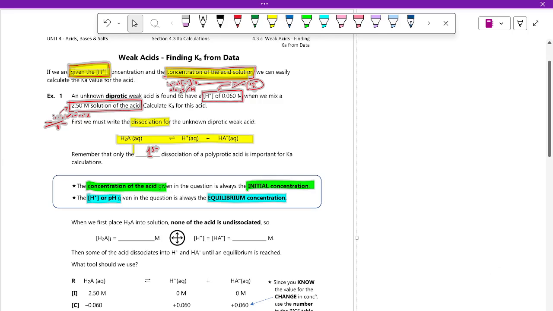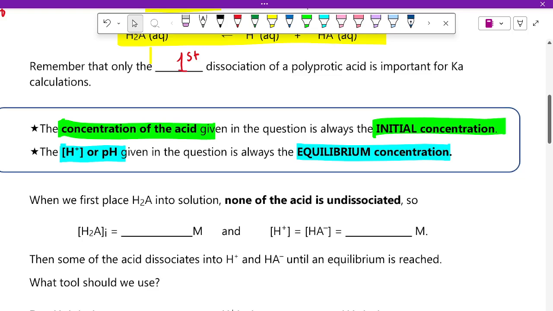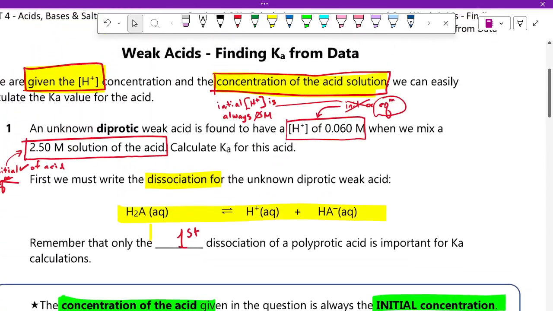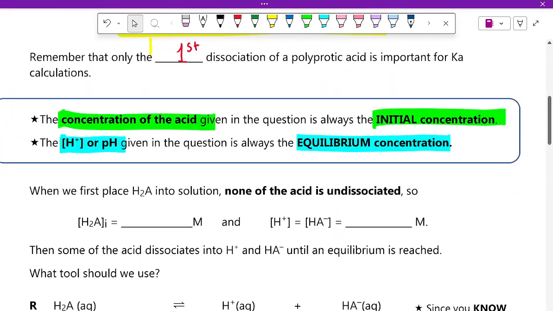So when we first, what happened there? When we first placed H2A into solution, none of the acid has dissociated, so the initial concentration is 2.50 molar. And the concentration of H plus is the same as HA minus, which is 0 molar initially.